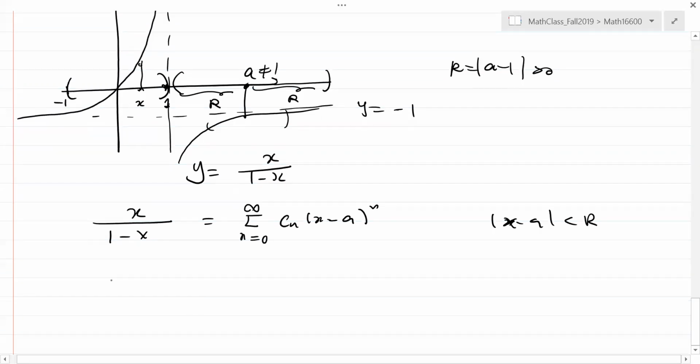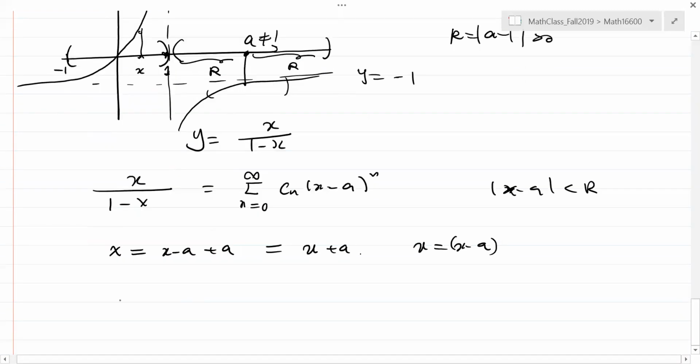I express x as x minus A plus A. That's the trick. For simplicity, I just write u plus A, where u is x minus A. I'm going to rewrite this function.